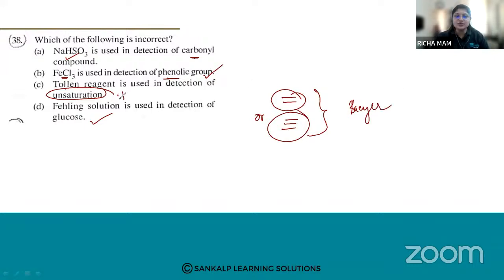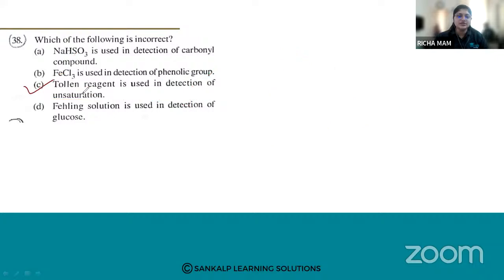Tollens test is used to detect aldehydes, the presence of the carbonyl group in the aldehyde. And what is Tollens reagent? Can anyone tell me what Tollens reagent contains?